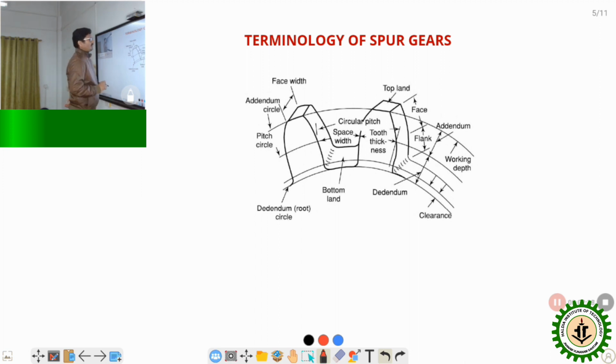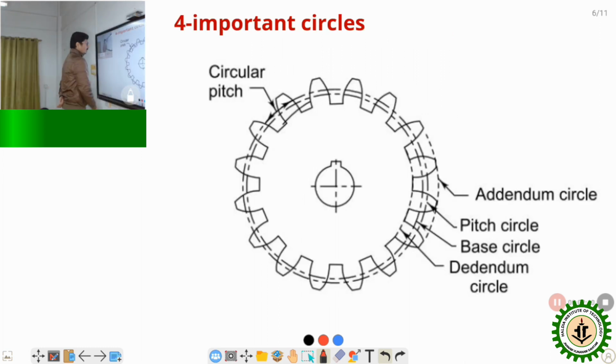Today our emphasis will be on the gear tooth profile. Tooth profile means this curve on the gear. Whether this curve is an arbitrary curve or of a certain geometrical shape, that is the question. And this curve is very important in the design of a gear.